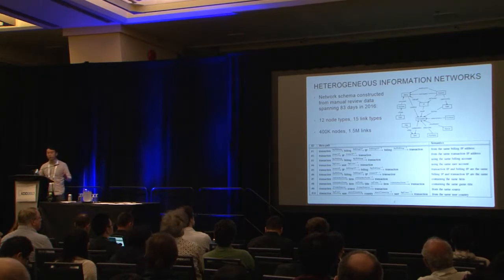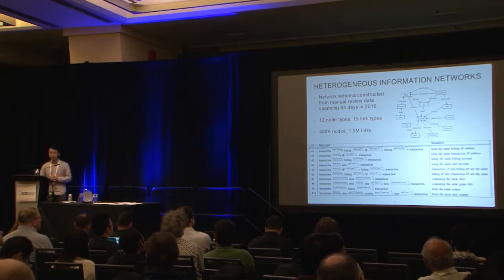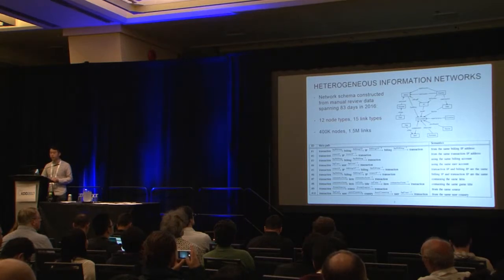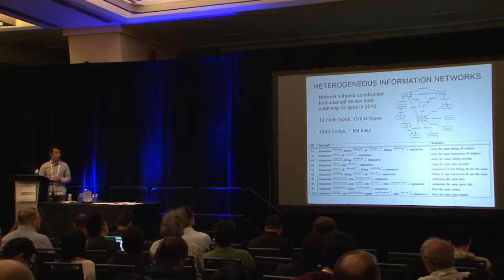All this information can be correlated together to form a large information network. This data set spans 83 days last year. In this schema, it contains 12 node types and 15 link types. In these 83 days, there are 400,000 nodes in this data set, as well as 1.5 million links in this network.